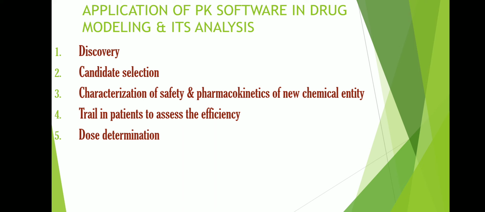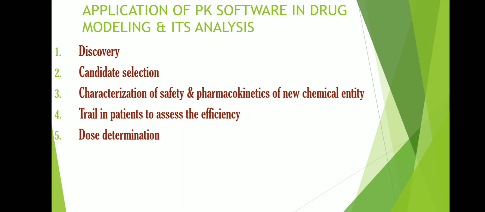It is also used to make a trial in patients and know the efficiency, that is, you go for a trial of the medicine in patients, and after that the physiological studies can be recorded with the help of such pharmacokinetic softwares, that is, how the medicine is going into our body and how our body is reacting with the drug, how the body is absorbing, distributing, metabolizing or excreting the particular drug.